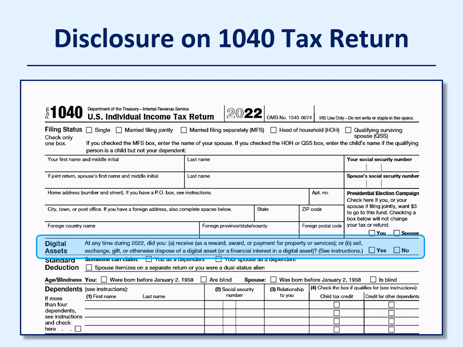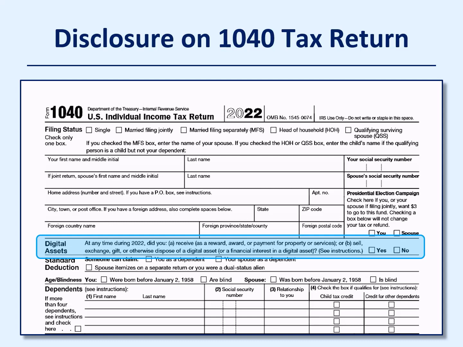Well, this question has now been broadened to encompass not just digital currency, but digital assets in general, as well as provide some additional clarity on whether you should check yes or check no when answering the question. And the question is asking basically, did you receive, particularly as a reward, award, or payment for services, or did you sell, exchange, gift, or otherwise dispose of a digital asset in the tax year? And you can mark either yes you did or no you didn't.